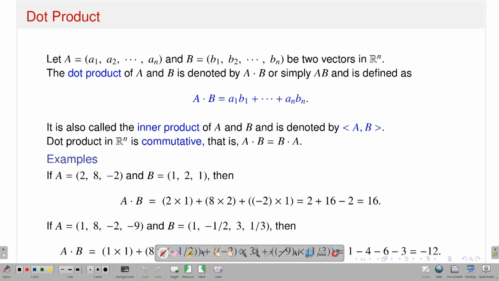Next I take two vectors in R4: A equals 1, 8, minus 2, minus 9, and B equals 1, minus 3, 1 by 3. Then A dot B, coordinate wise multiply and add, gives minus 12.